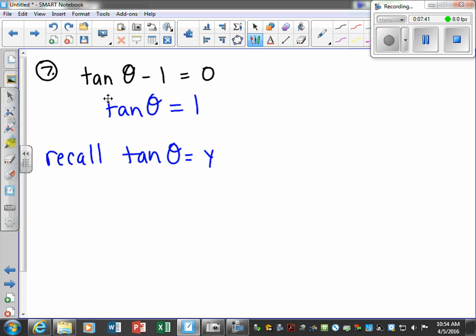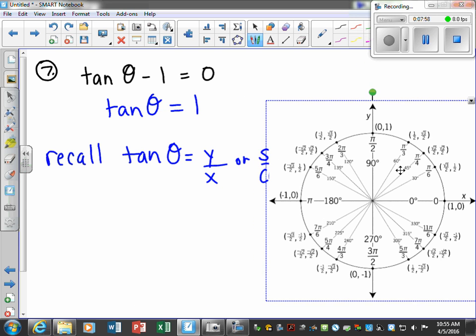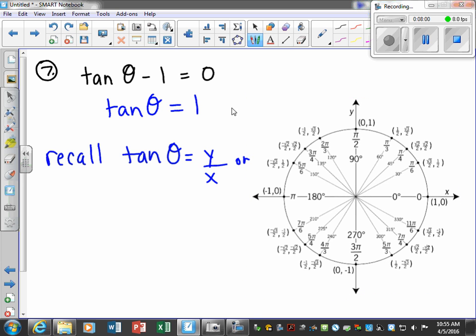It's the y over the x, or we also know it as the sine over the cosine value, sine of theta over cosine theta. We want to know where the sine of theta, the y value over the x value, equals positive 1.